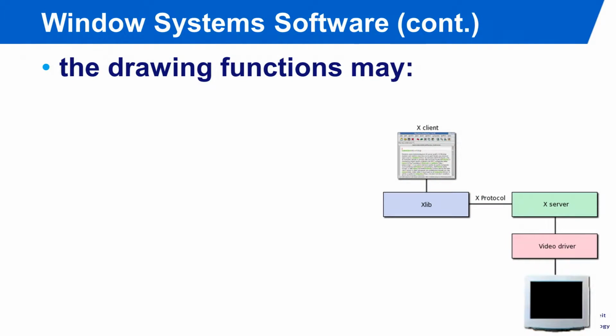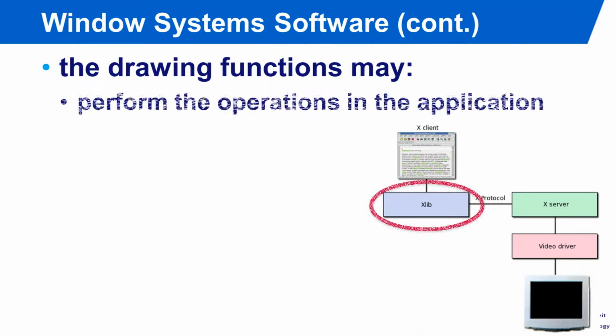When an application wants to draw, say, a string or a rectangle, there are different ways in which this function can be performed. The application can use a library function call to perform the operation itself inside the application.